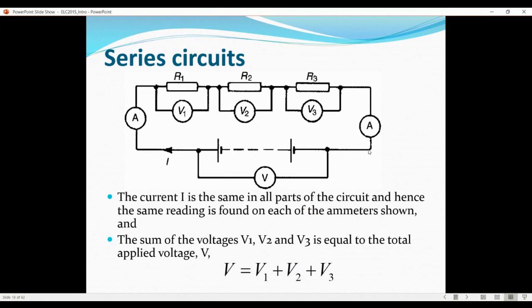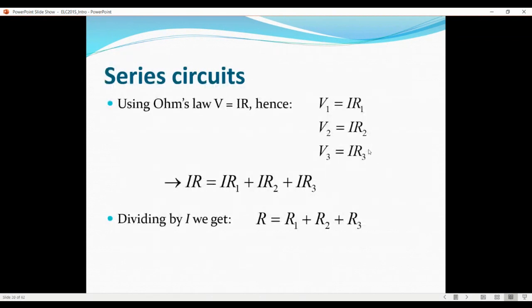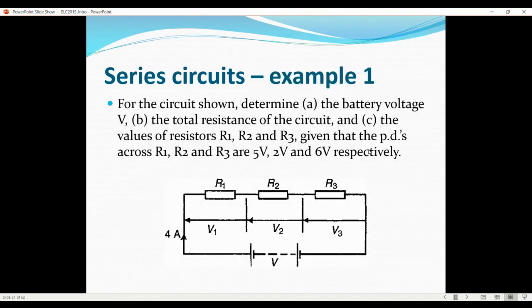You guys should know, of course, in the series circuit the current is the same in all parts. But the voltages we have to add algebraically, so the total is the sum of the voltages. This is just basically doing Ohm's law and showing the resistance, or in a similar fashion, we have to add each resistance together. Of course, you guys are aware of that.